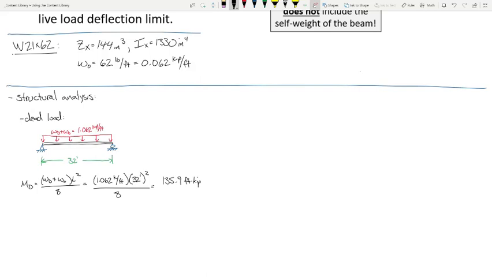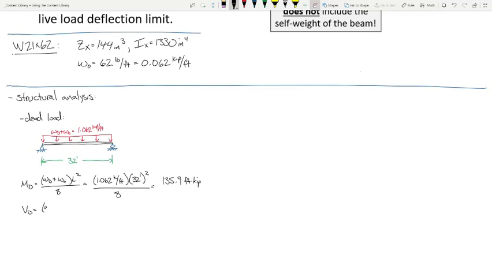Do I have a second? Yeah. All right. What about the shear? How do I compute the dead load shear? What's our expression for shear? wL over 2.